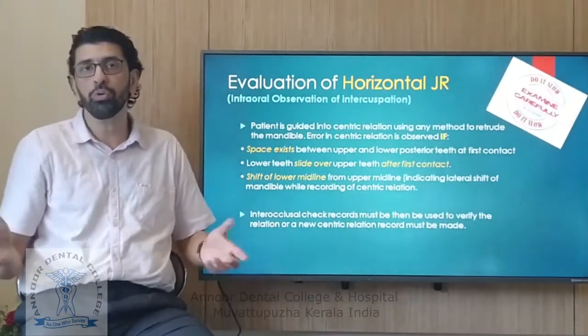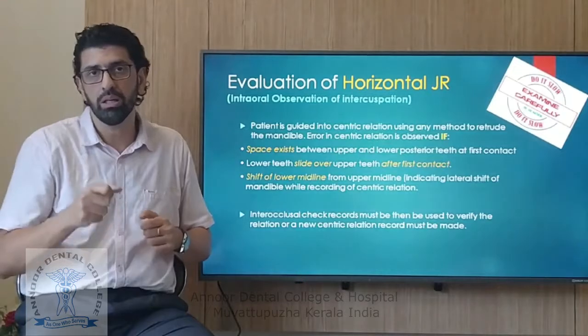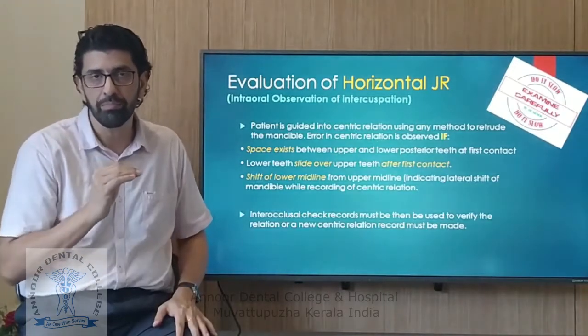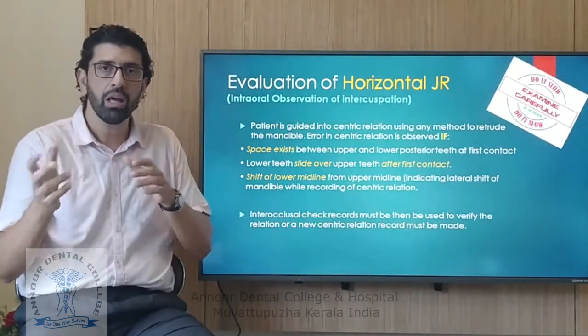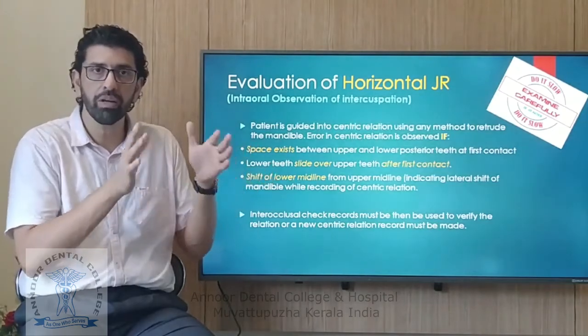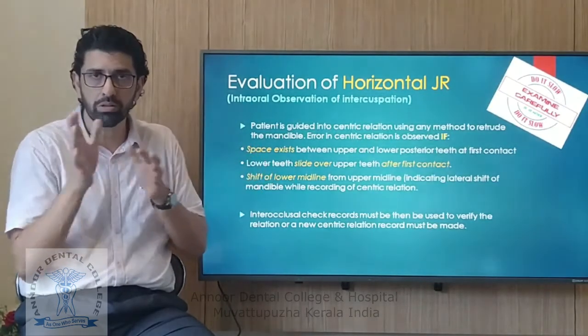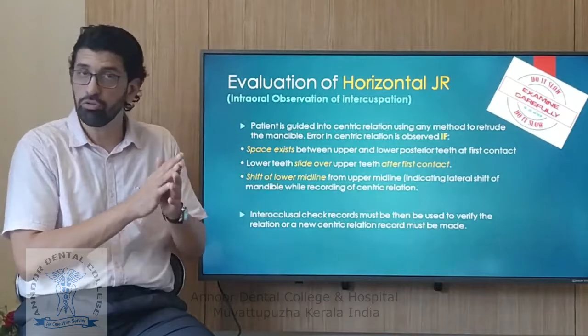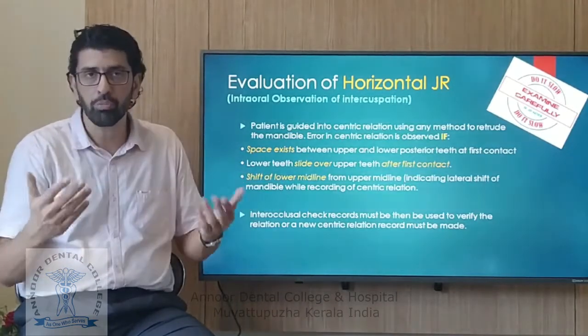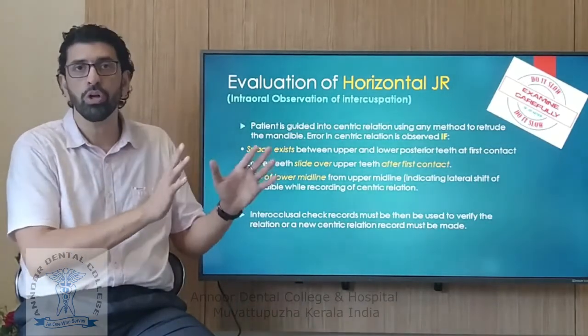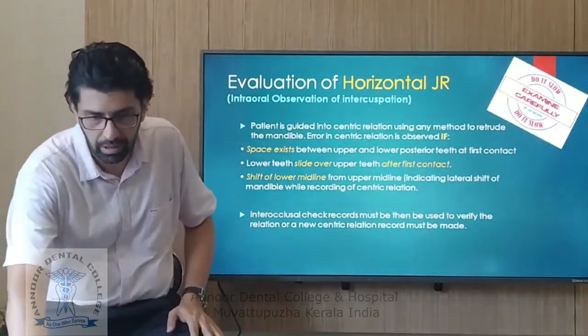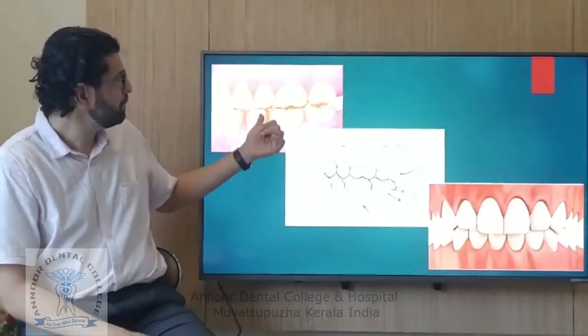So what you're going to do is put some intraocclusal record material, take a bite registration record, transfer it to an articulator and verify if it's the same as what is in the mouth. Okay? If you feel there's a problem, you're going to remove the teeth in the posteriors and repeat the centric relation record. So this is the first situation.